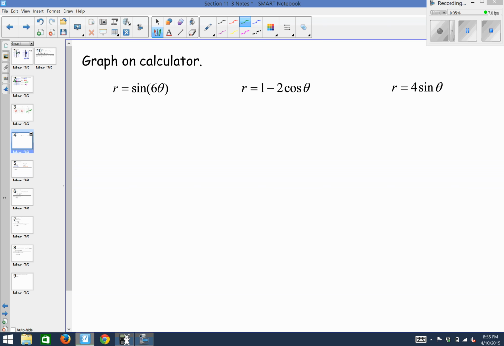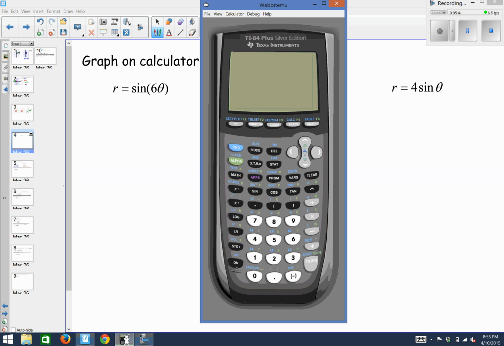We are able to graph these on the calculator. The calculator does need to be changed into polar mode. If we hit mode, polar is the third one down. Now when we hit the y equals button, we see that it's all in terms of r equals. We treat r as the dependent variable and theta as the independent variable, even though in the way we write ordered pairs, r comes first, which is a little different.